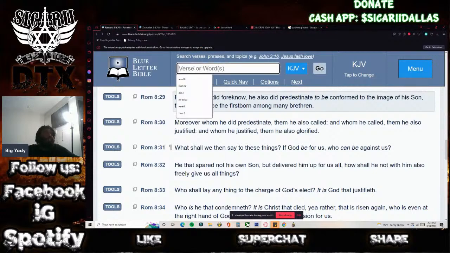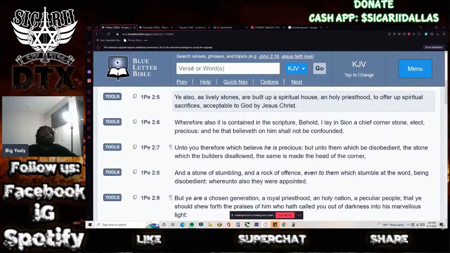Because even Peter talks about it in 1 Peter 2 and 5, which says exactly what I said, summed up in these two verses. 1 Peter 2, verse 5, "Ye also, as lively stones, are built up a spiritual house, a holy priesthood, to offer up spiritual sacrifices acceptable to God by Mashiach Yahushua," through his death, burial, and resurrection.